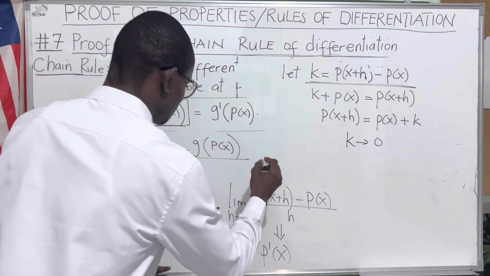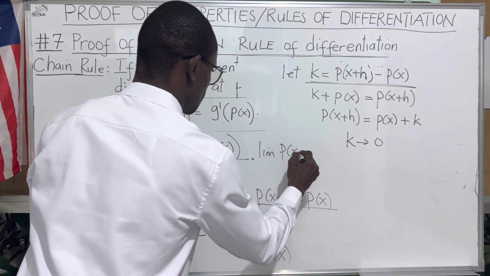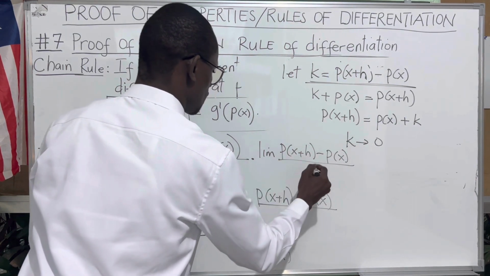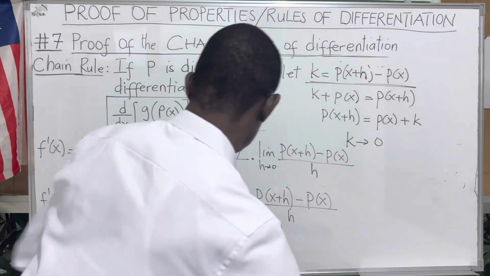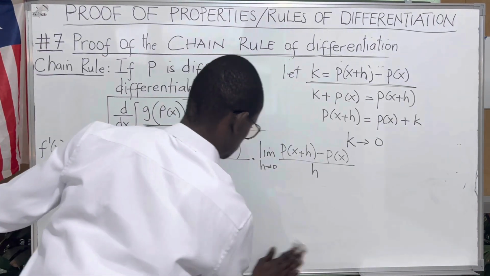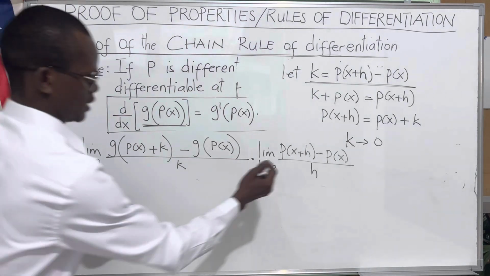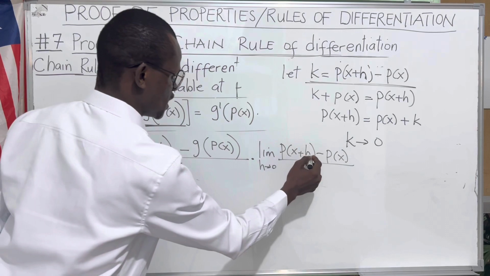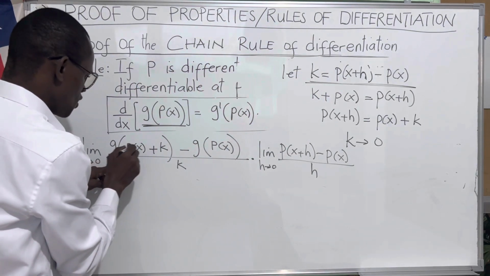So if you just see this keenly, the limit of p of x plus h minus p of x all over h as h approaches 0. Just take a keen look at this, comparing this and this. P of x plus h, g of p of x.